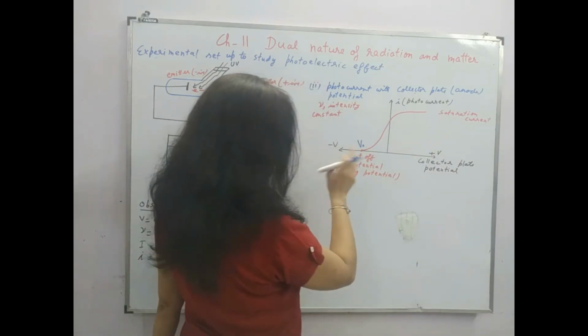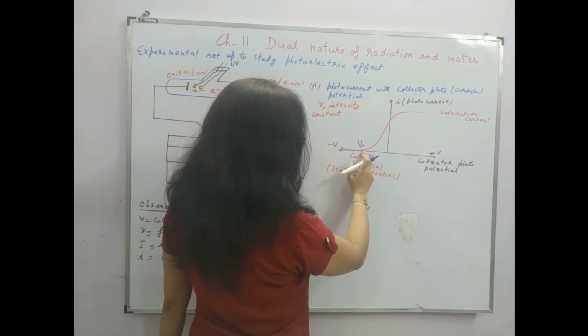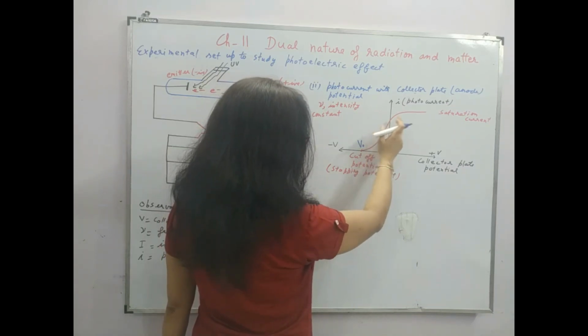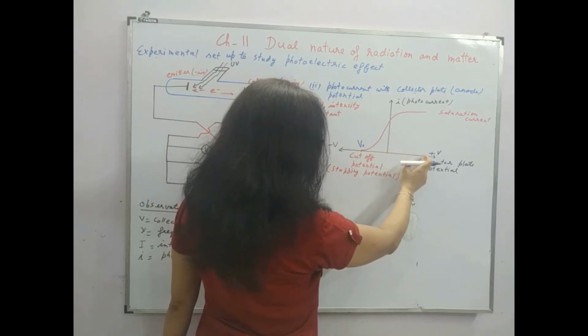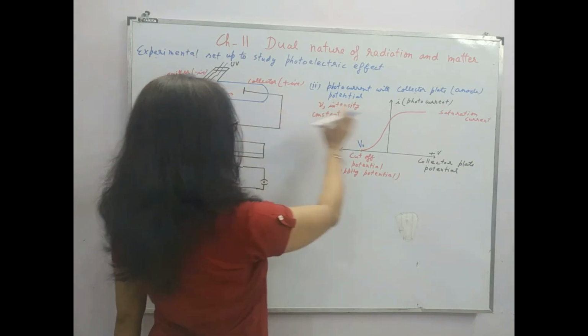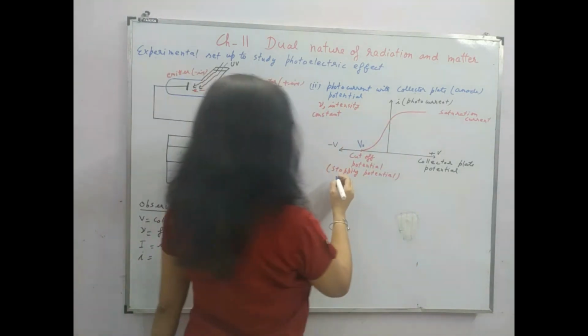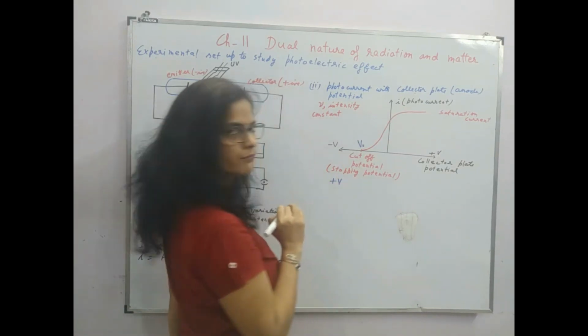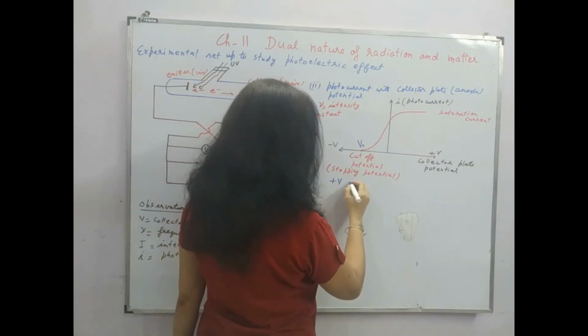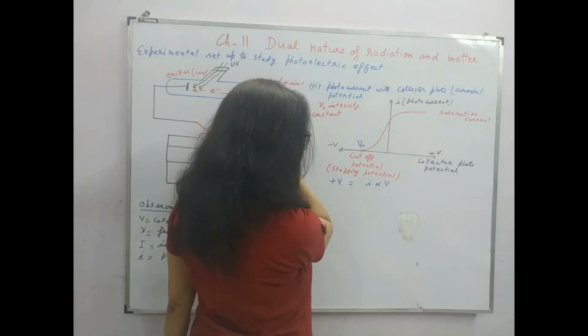So we are checking that if the potential of opposite polarity is decreased, the current increases, and when the collector plate potential increases, it starts attracting more of the electrons, so that's why the current increases here. So for positive polarity of the potential, the current is proportional to voltage, right?